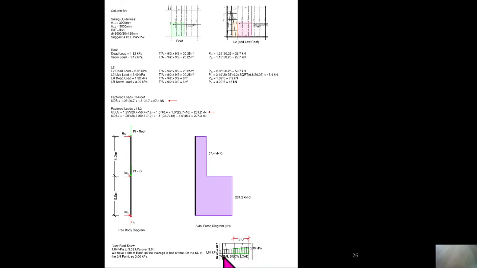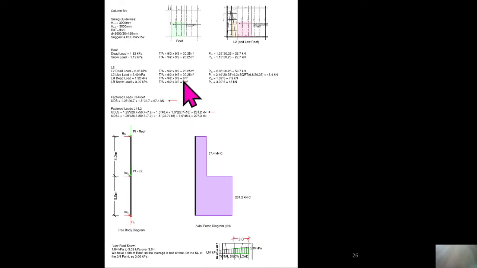So I figured out that at this point right here, the snow load is 3 kPa. I basically divided it by 4, figured out what it was at the 3/4 point, and added it back onto the 1.84. Essentially, I interpolated 3/4 of the way over between 1.84 and 3.39 kPa. So I have 3 kPa there.